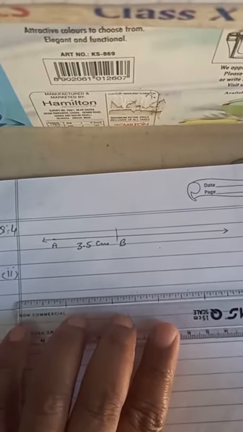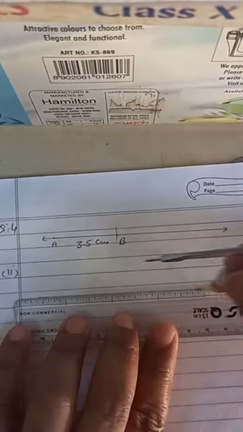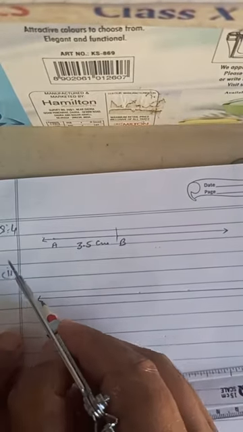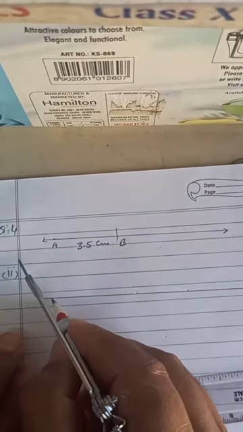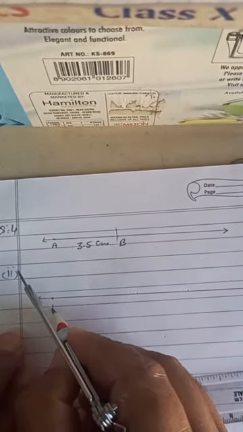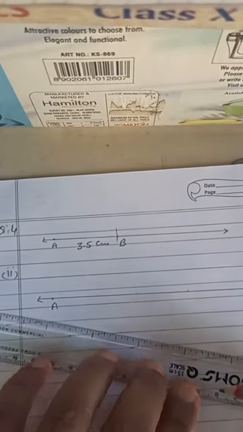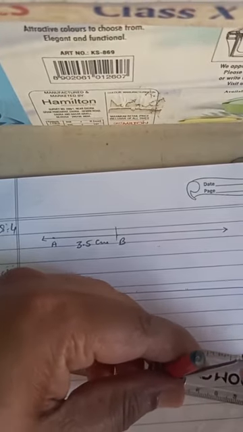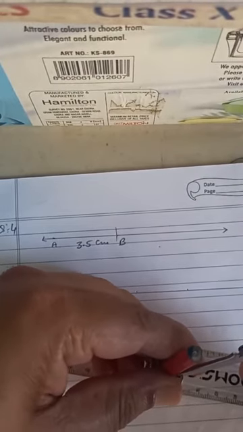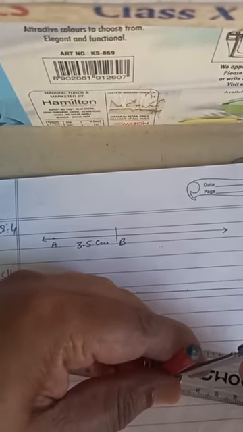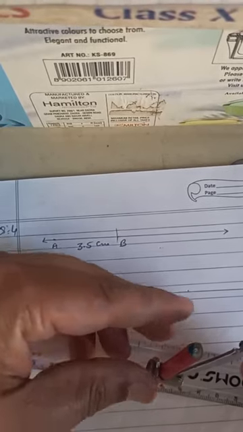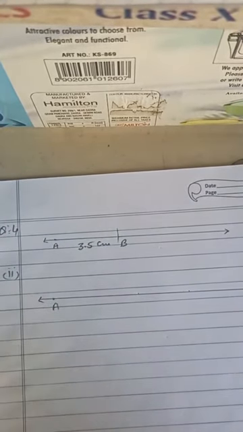So you draw a long line and let us take here point A. Now open your compass equal to 7.1 centimeter. It is 7. After 7 you take one small division. Now it is 7.1 centimeter.